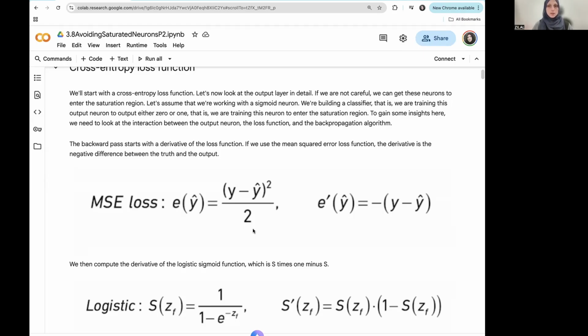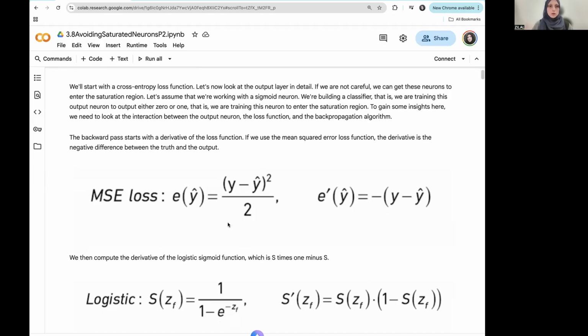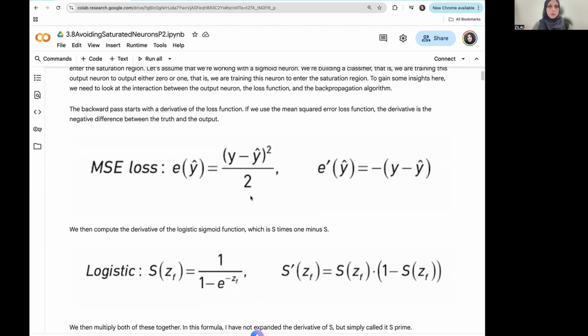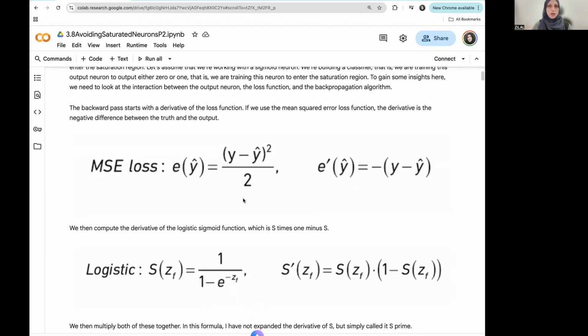To gain some insights here, we need to look at the interaction between the output neuron loss function and the backpropagation algorithm. The backward pass starts with the derivative of the loss function. If we use the mean squared error loss function, the derivative is the negative difference between the truth and the output.